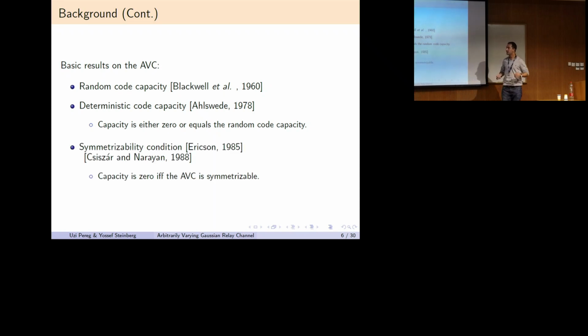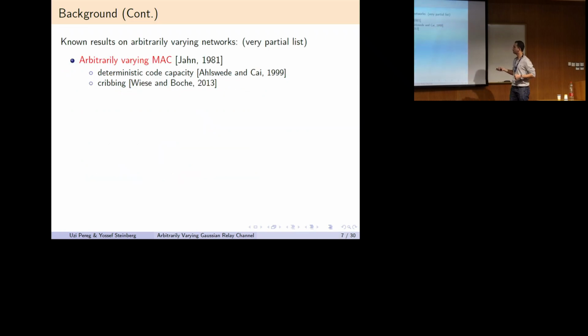Then Ericson and Csiszár-Narayan established a computable condition to verify whether the capacity is positive or 0. They showed that the capacity is 0 if and only if the AVC satisfies a property called symmetrizability, if it is symmetrizable. Now, a network can also be attacked by a jammer, of course.